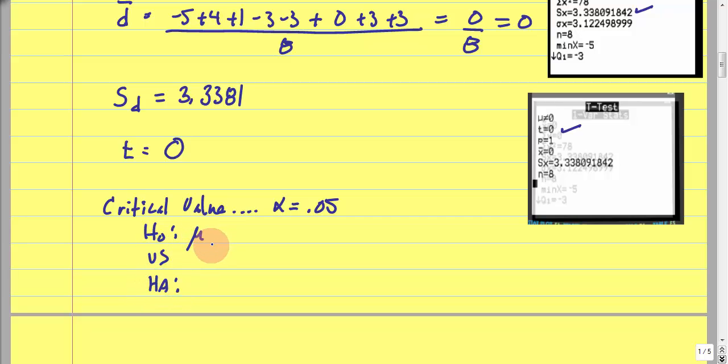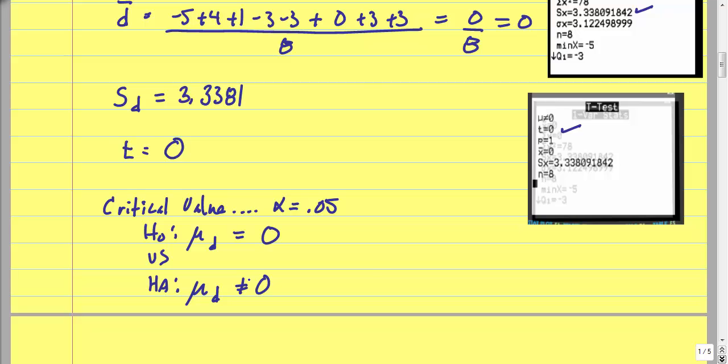So H0, I'm talking about the mean of the differences, not the difference of the means, not mu before and mu after difference, but the mean of the difference column. And that's usually equal to 0 for the null hypothesis. And then if mu d equals 0, the alternative is usually not equal to 0 unless you see the words like less than or greater than involved.